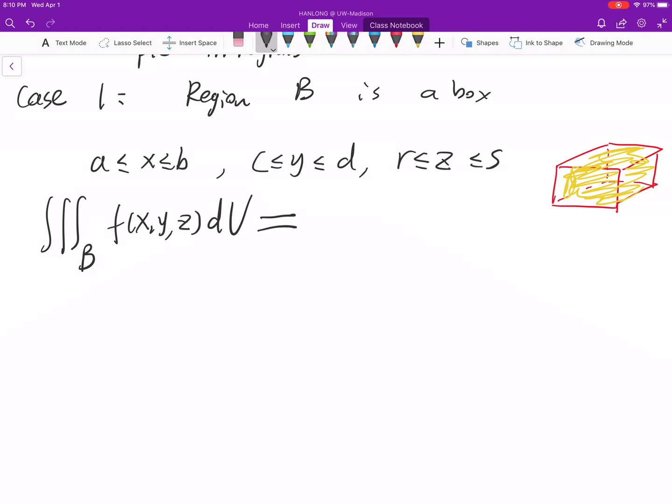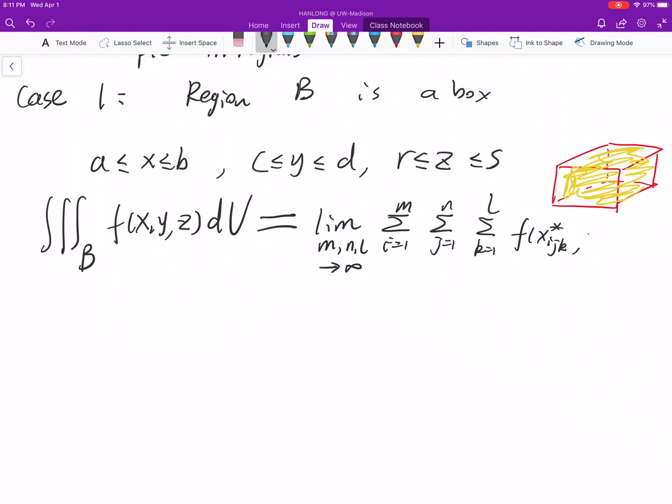And if you want a rigorous definition, you can view it as the limit of Riemann sums, i from 1 to m, j from 1 to n, k from 1 to l, and inside you have f of x_ijk star, y_ijk star, z_ijk star times dx_i dy_j times dz_k.